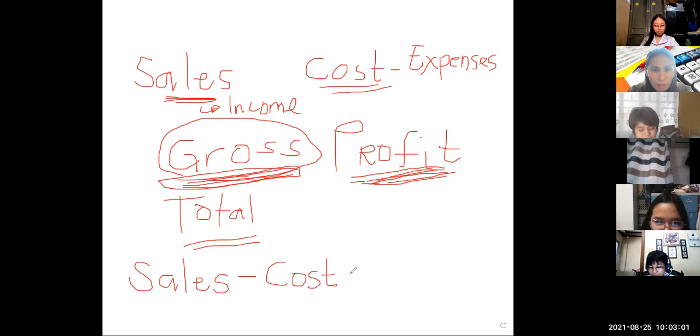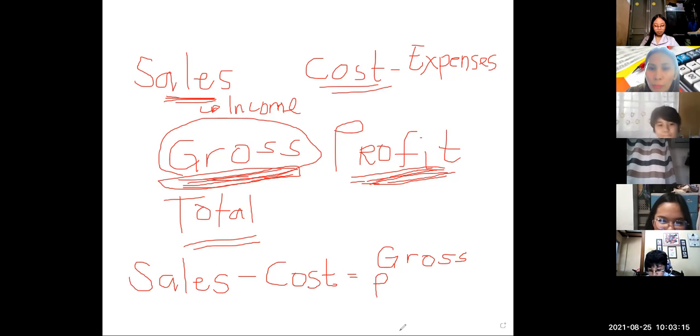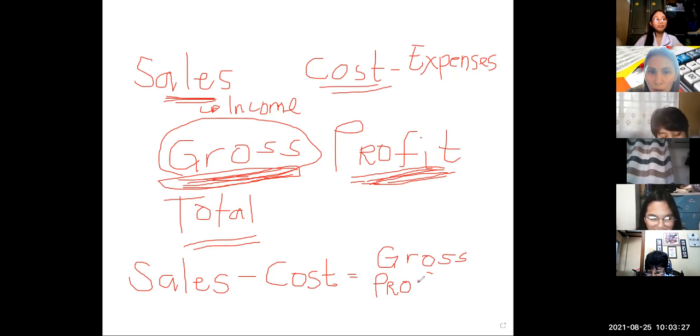Please copy this on your notebook, and then for those who have book, you may copy it using your pencil on your book din. Para no need to write it sa notebook.